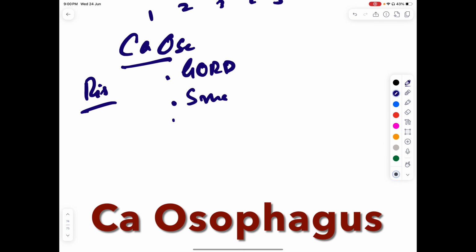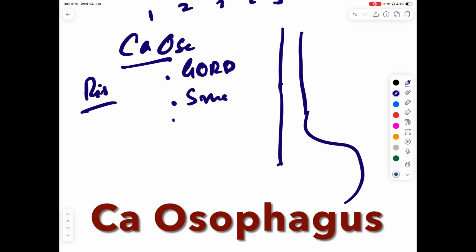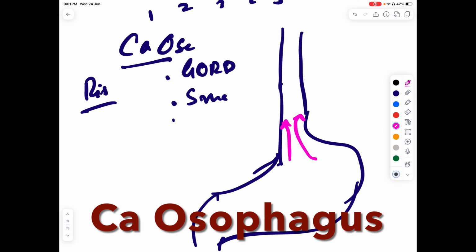What is the effect of prolonged GORD? So there is a reflux. This is the esophagus and this is the lower end of the stomach. Whenever there is reflux, the mucosa changes from stratified squamous to glandular epithelium, which becomes Barrett's esophagus and leads to adenocarcinoma.